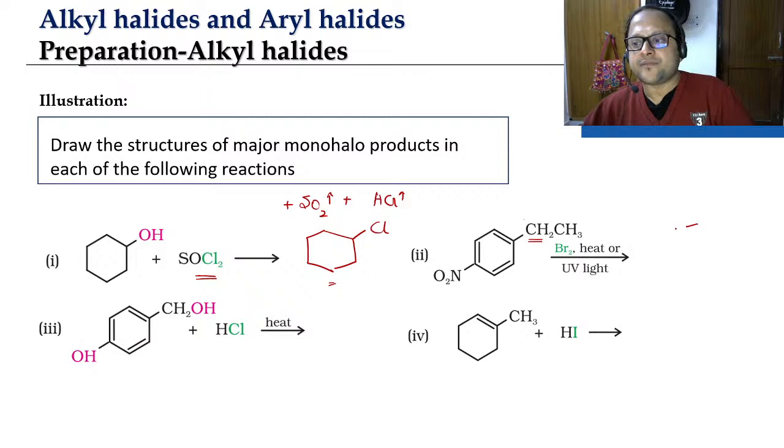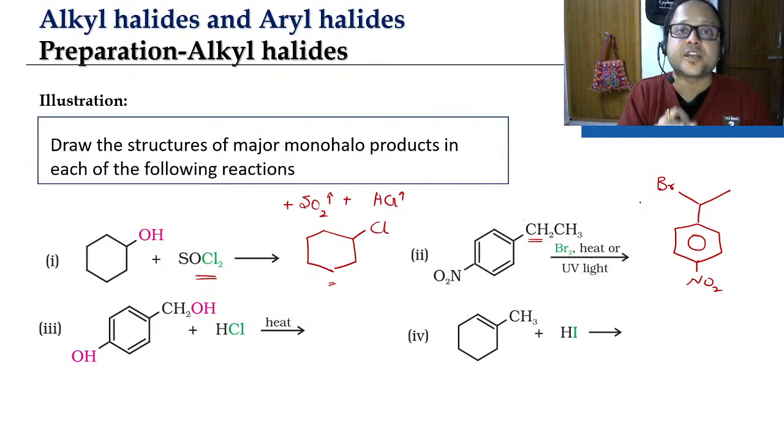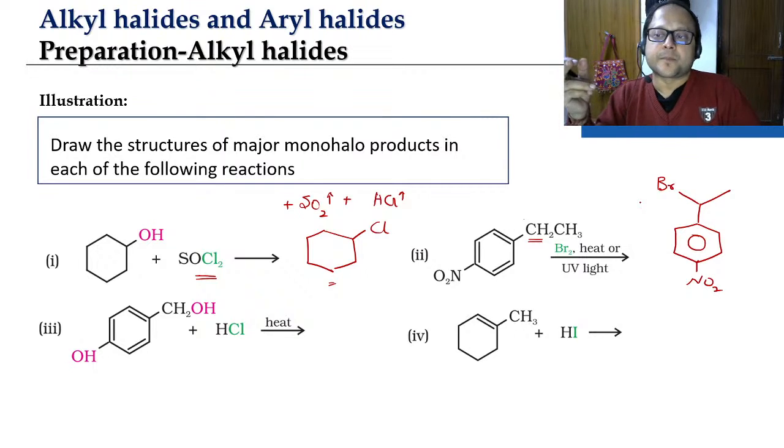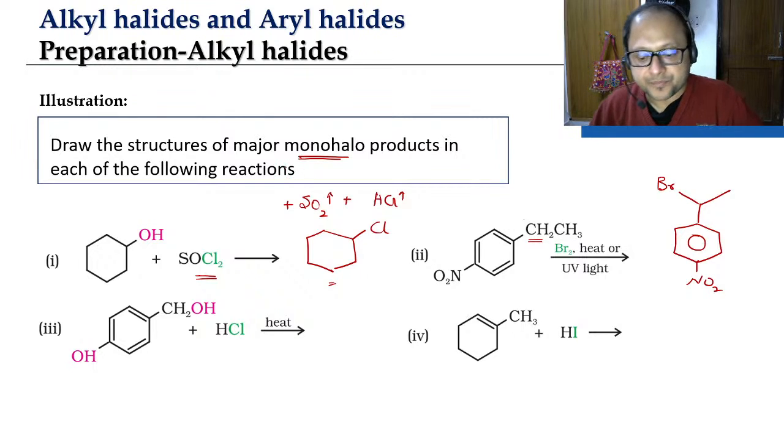So you are going to have nitro here, if I draw it in a vertical position, and bromine is going to come here. As far as monobromination is concerned, if you add another bromine, it will also come on the benzylic carbon only. Right, now we are talking only about monohalo products, right?